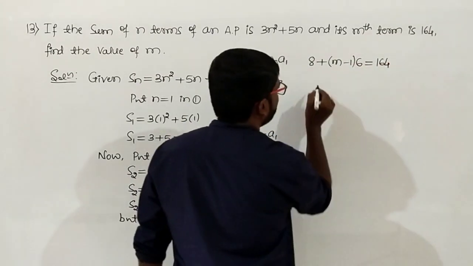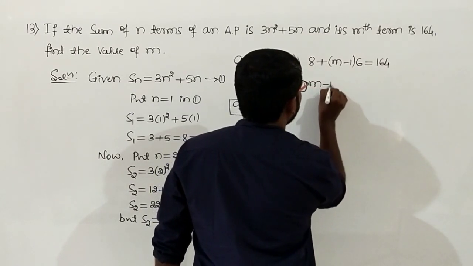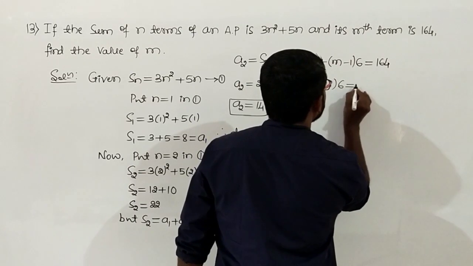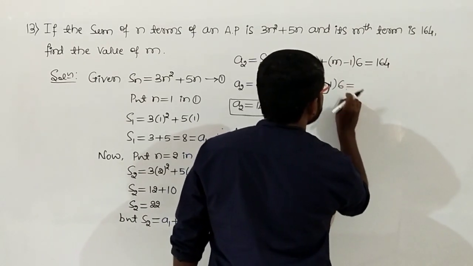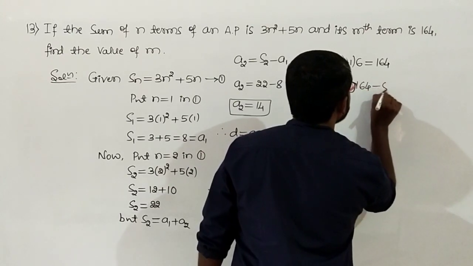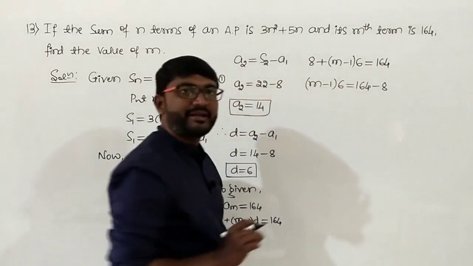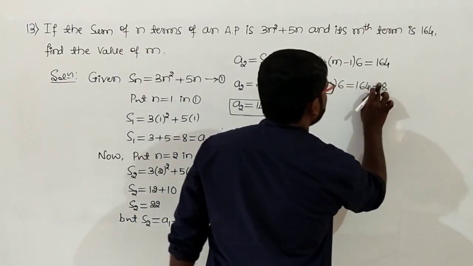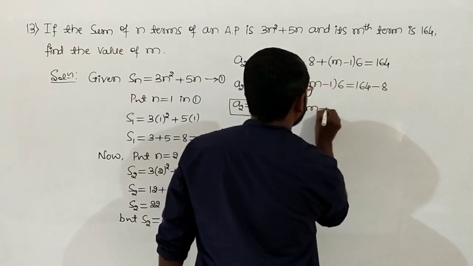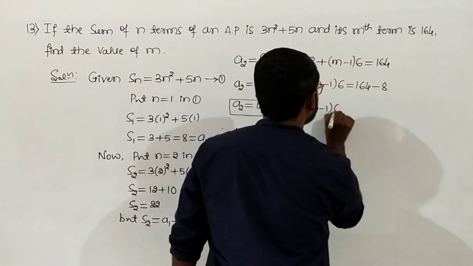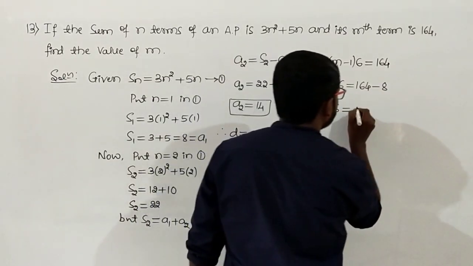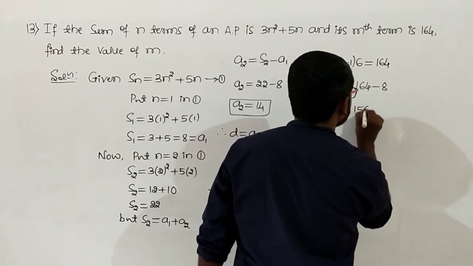So it is 6 which is equals to 164. Now M minus 1 into 6 which is equals to, take 8 to the RHS, it becomes minus 8. So 164 minus 8. Then M minus 1 into 6 which is equals to 164 minus 8, that is 156.